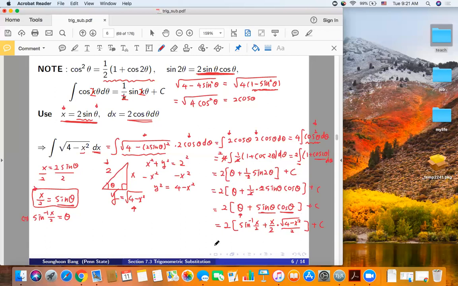The next step, you have to distribute the 2, which is the coefficient. 2 times inverse sine of x over 2. The 2 is crossed out, leaving only x times the square root of 4 minus x squared over 2, plus c. So that's it. This is the whole idea for solving this kind of problem.